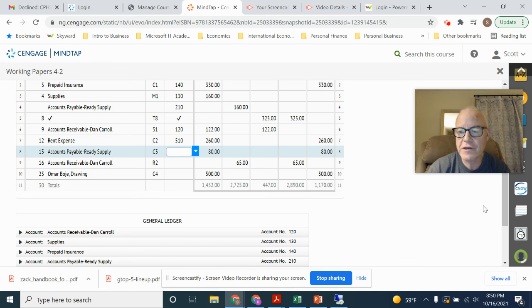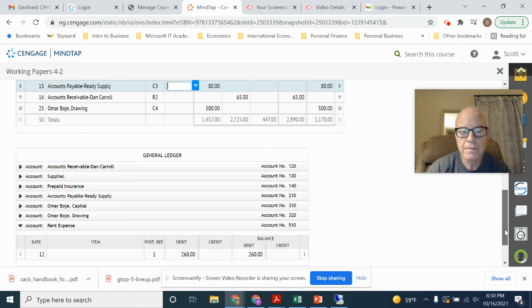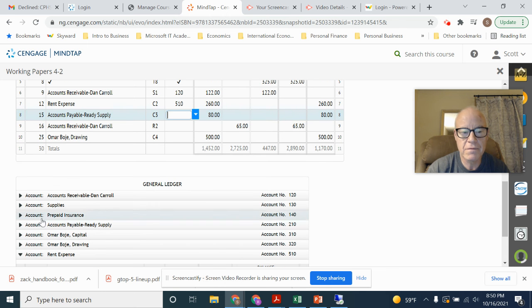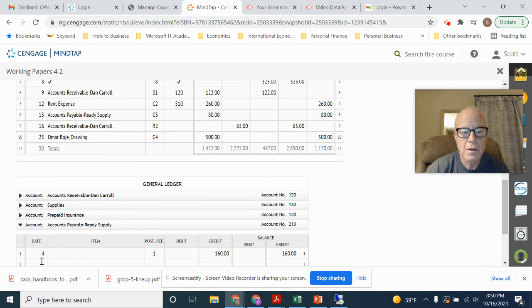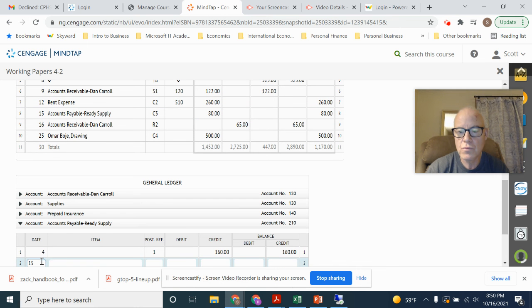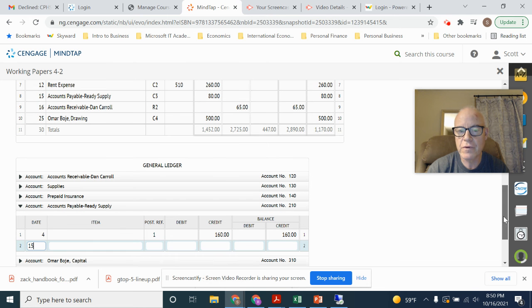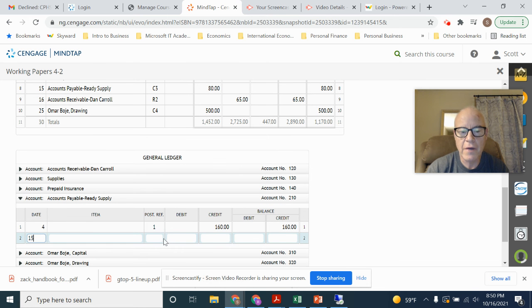Accounts payable, Reedy Supply. It looks like we paid them on account. We have an $80 debit to accounts payable on the 15th. Put in the date. $80, right? It's right there in front of me. On the 8th, journal page 1, debit for $80.